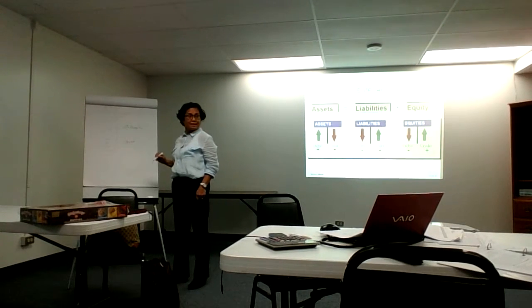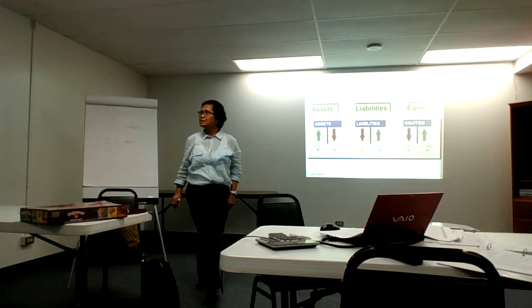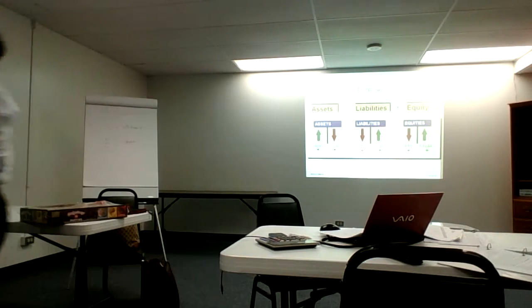There's no question on asset. It's a debit when you increase it. Why are withdrawals and expenses debit when you increase them? Where are they located in the equation? It's on the right. But look, it is minus. This is minus.